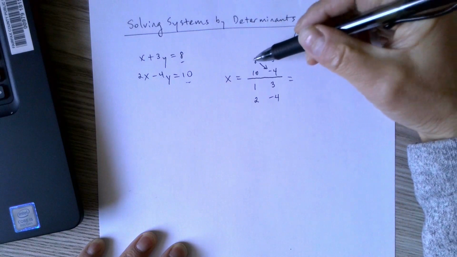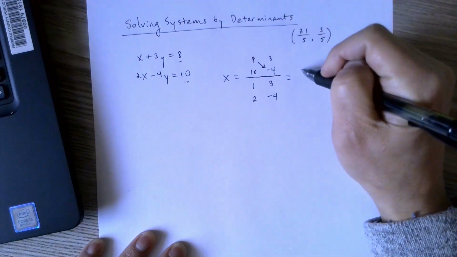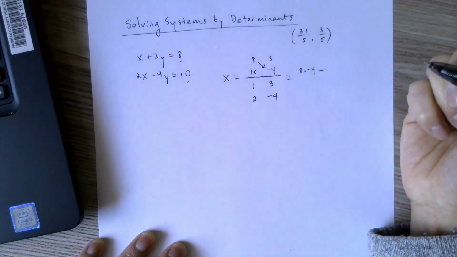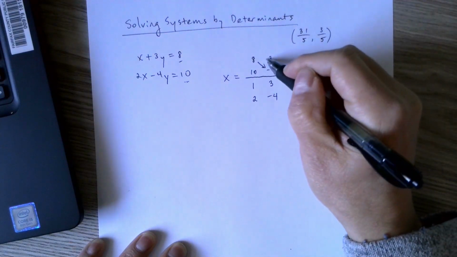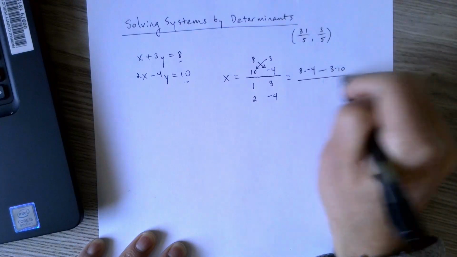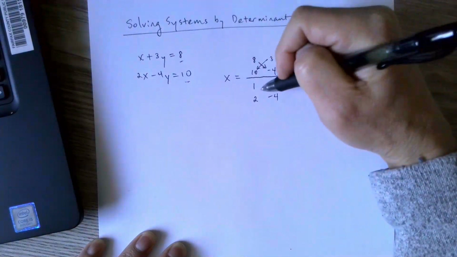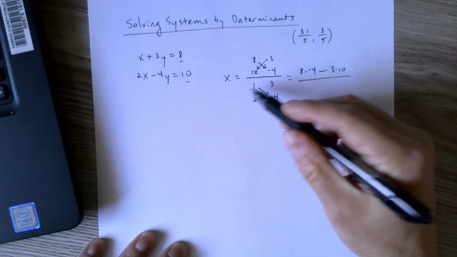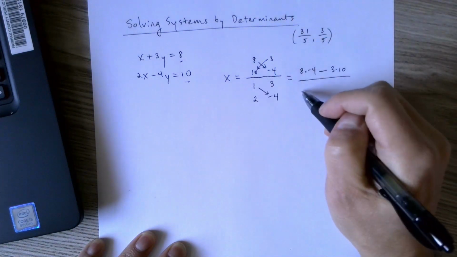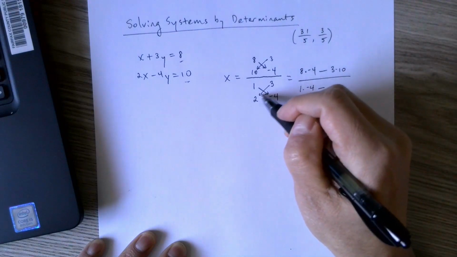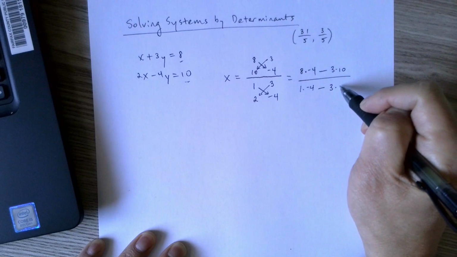I do 8 times -4 minus, must be minus, 3 times 10. And in the bottom, I do the same top left to bottom right multiplication. 1 times -4 minus 3 times 2.